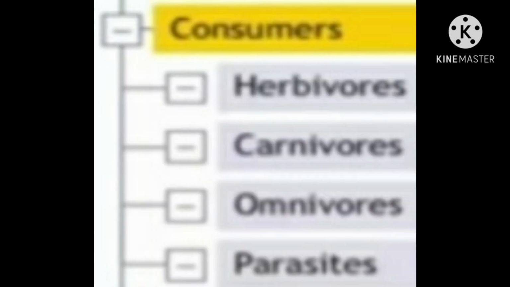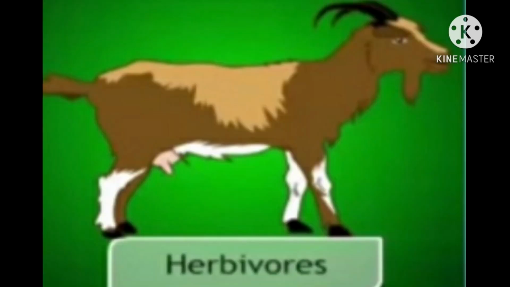Then, consumers. These are organisms which depend on other organisms for food. All animals which eat plants or other animals are called consumers. The herbivores are called primary consumers.